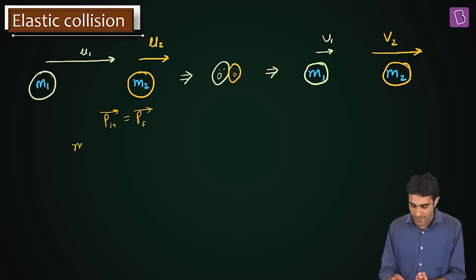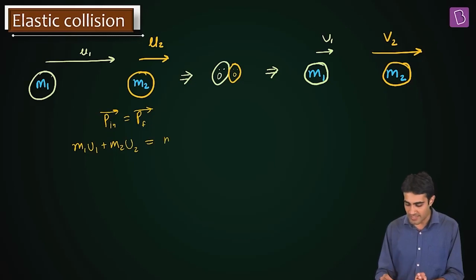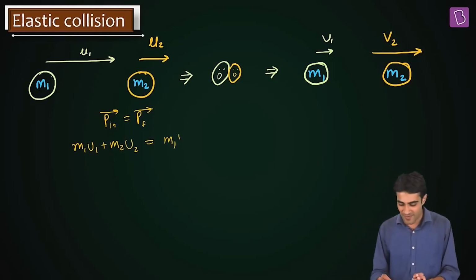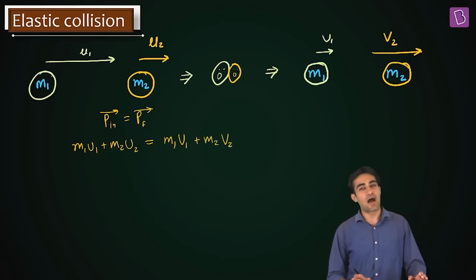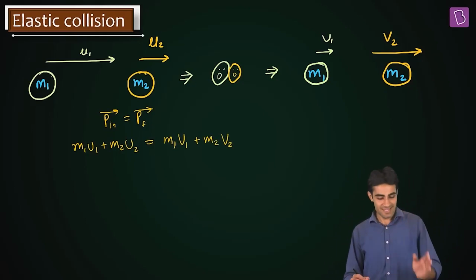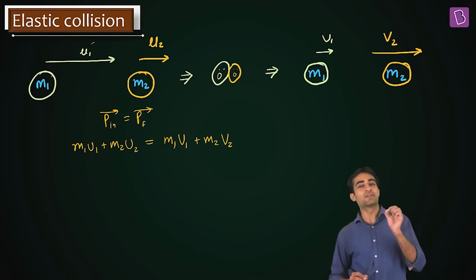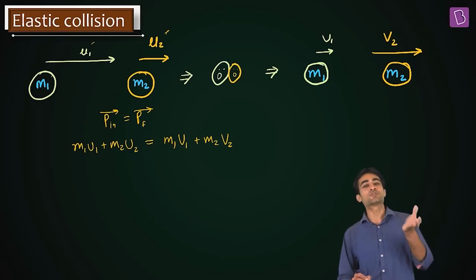We have m1 u1 plus m2 u2. This is the initial momentum. And what is the final momentum? Final momentum we can see is m1 v1 plus m2 v2. This is after the collision. And we can see that u1 was initially greater than u2. This is why m1 approached m2.